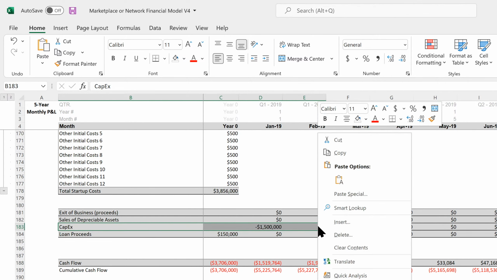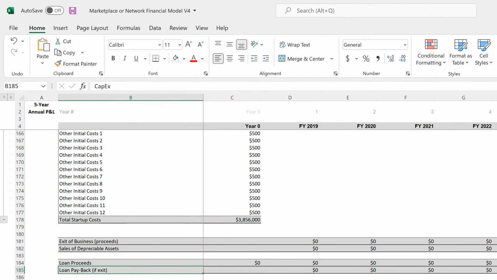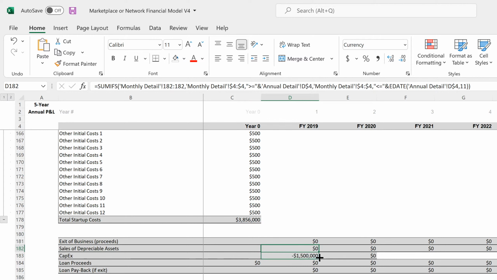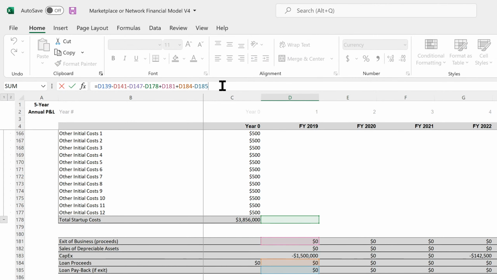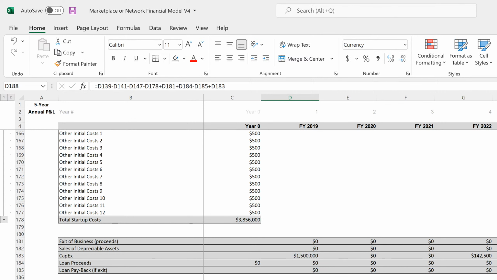CapEx is in 183. Okay. Plus this. We're still out 13 million.